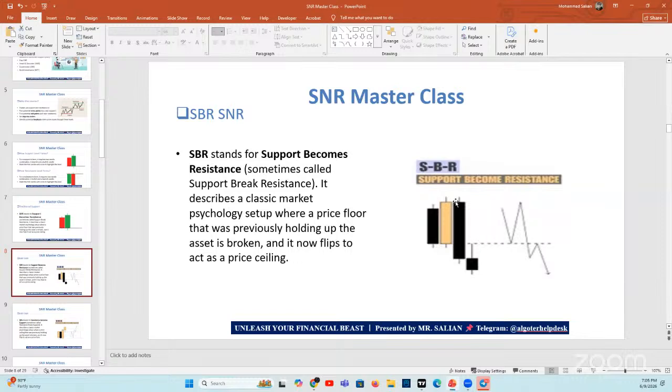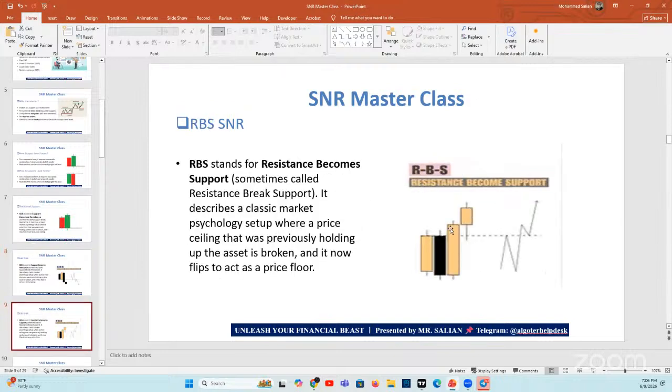There is the support level there, it breaks, the candlestick breaks this, and now it becomes the resistance, right? Very clear. For the RBS, it's the opposite. We have the resistance, buy, sell candle, you will draw the line, and then there's a breakage there, and then it becomes the support, right? Very easy to understand, guys.